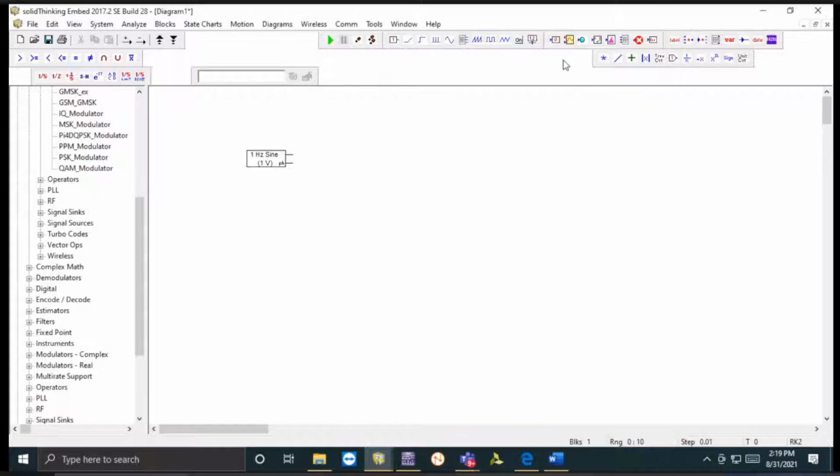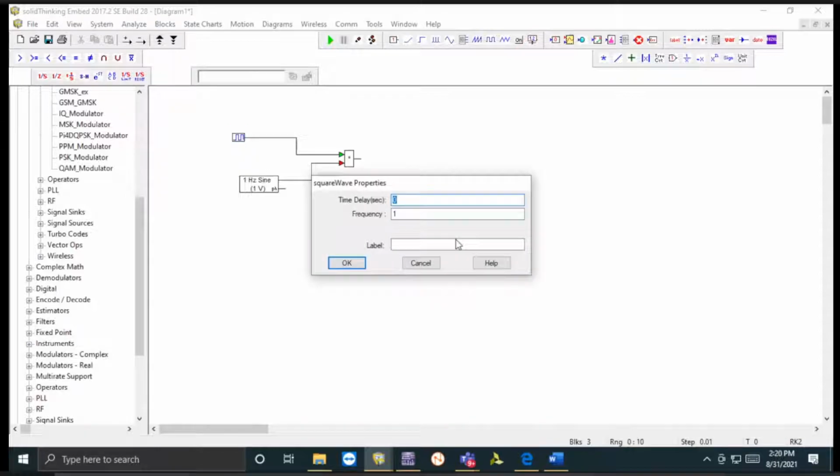So you have to multiply this with the train of impulse, and you have to set the value of this one.